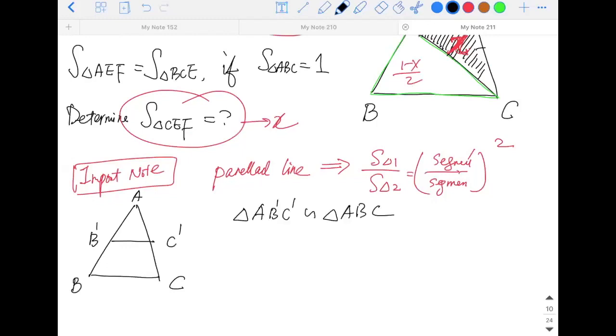Let's answer my question one by one. I need to understand where we are. First question: I have a parallel line, B prime C prime, parallel to BC. Therefore, triangle ABC is similar to triangle A B prime C prime, right? Is it yes or no?